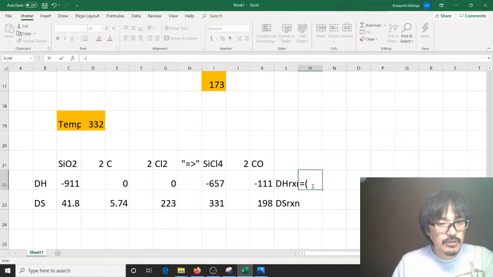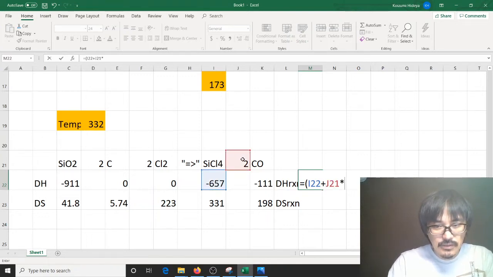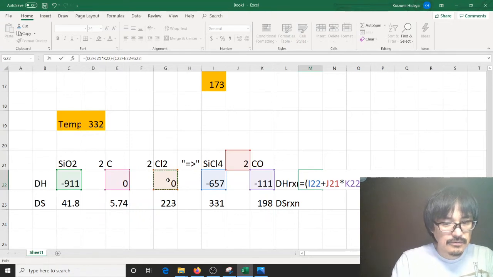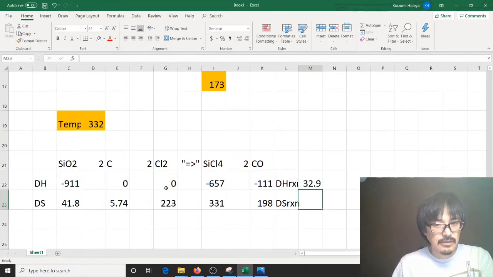So delta H equals, right? I have the product, 2 times this, minus all the reactants, that plus 0 plus 0. Good.